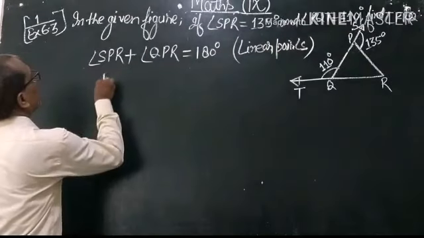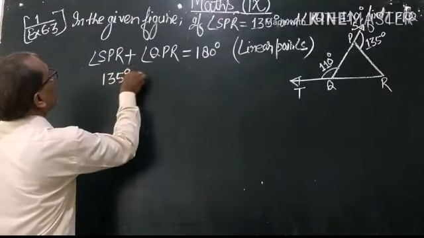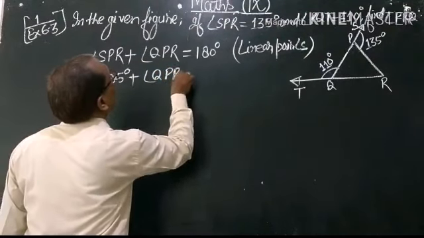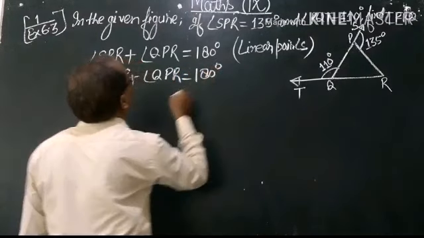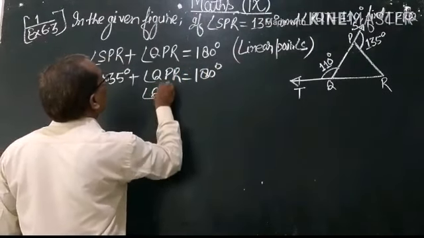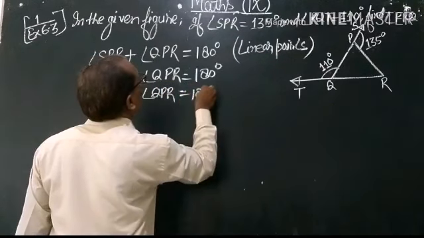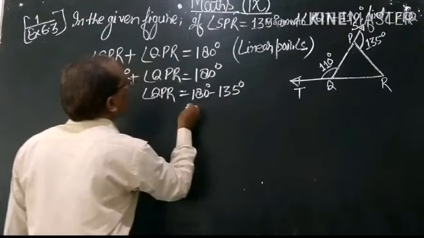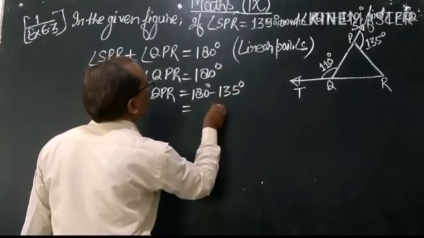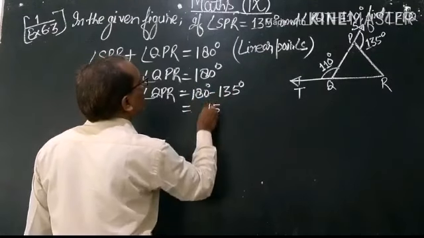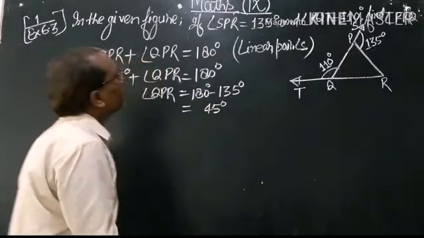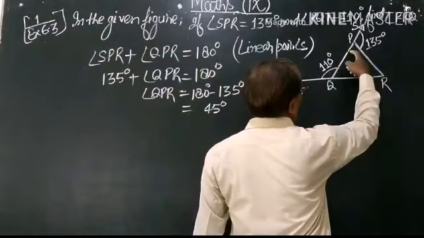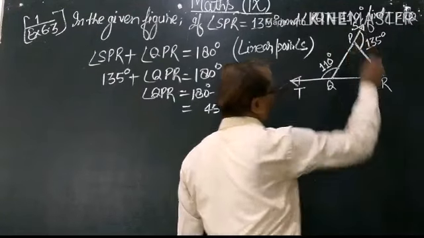Angle SPR is 135 degrees plus angle QPR, which is unknown, is equal to 180 degrees. Then angle QPR is equal to 180 degrees minus 135 degrees. You get 45 degrees. Angle QPR is 45 degrees.